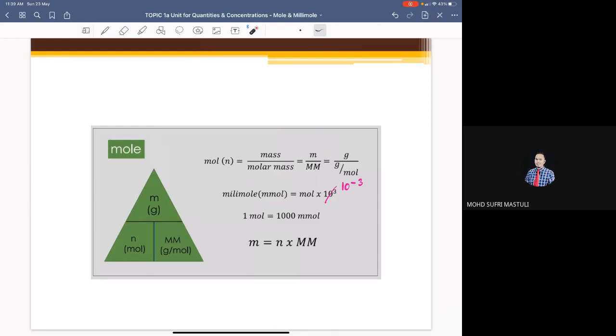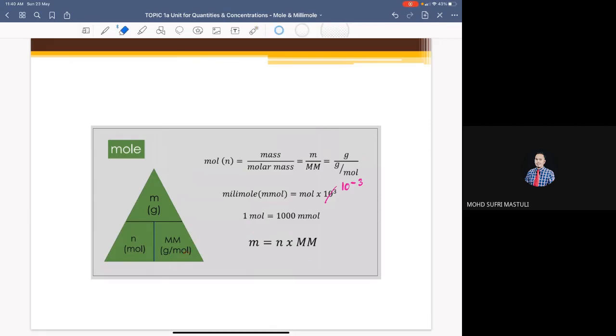So from the formula of mole, we also can calculate the mass. Mass is the mole times molar mass. It can be given in this triangle. If you want to calculate the mole, it should be mass over molar mass. If you want to calculate the mass, it should be mole multiplied by molar mass.